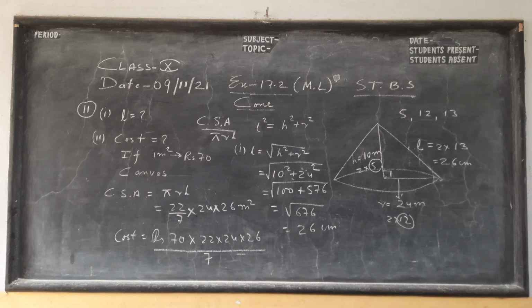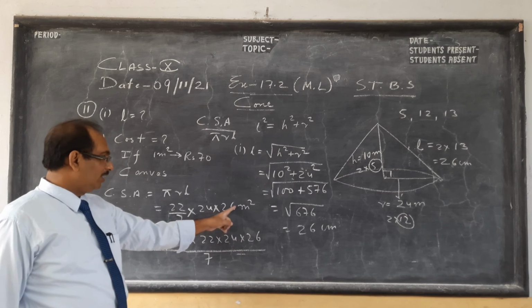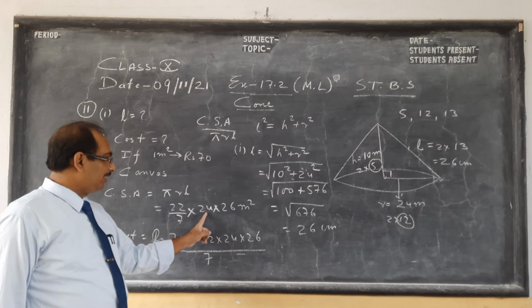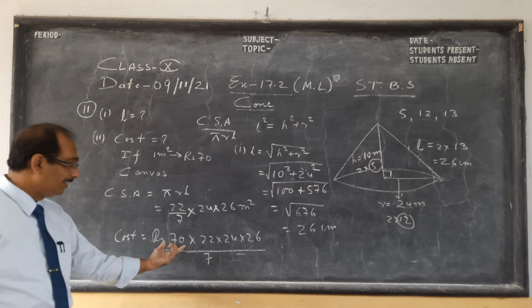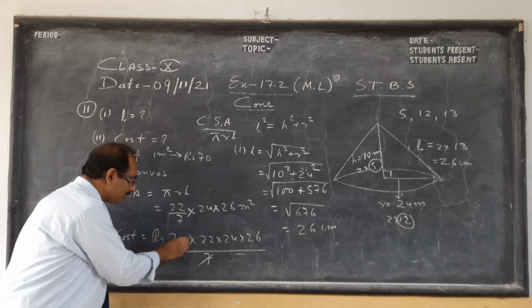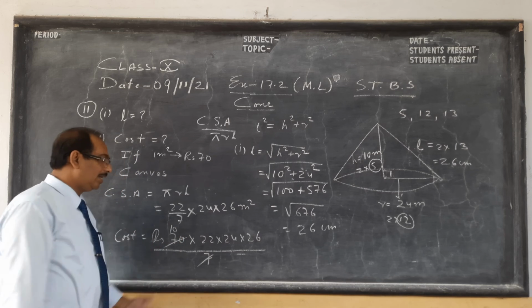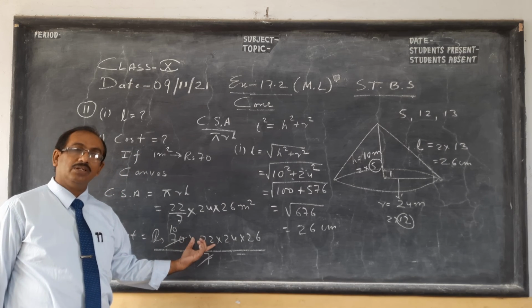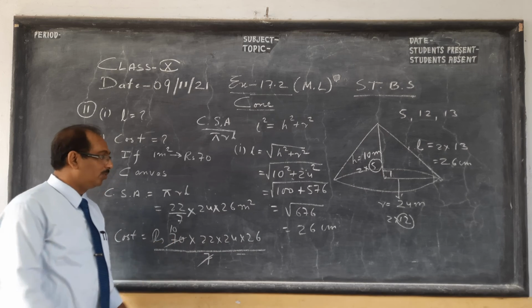See children, one very interesting thing happens in this question. I was telling you 7 won't cancel with 22, 24, 26, but the cost 70 goes 10 times. I was thinking we will get a decimal, but this will cancel and you will get a whole number.